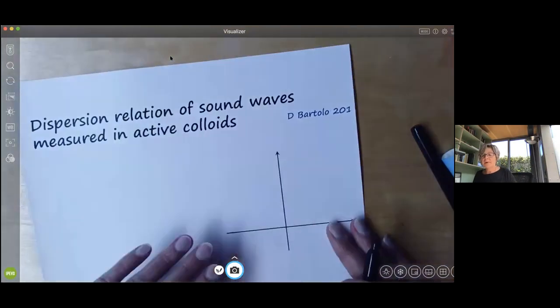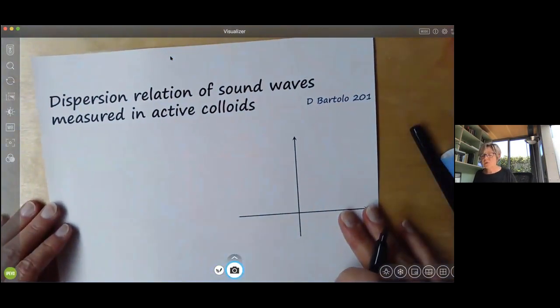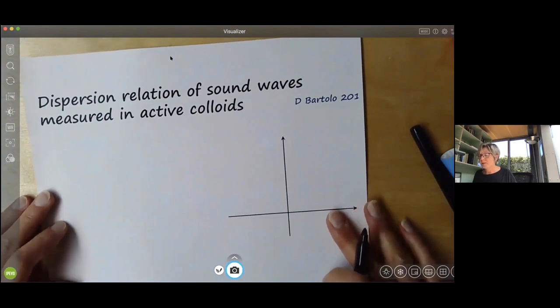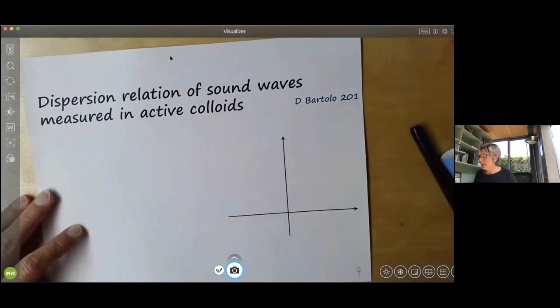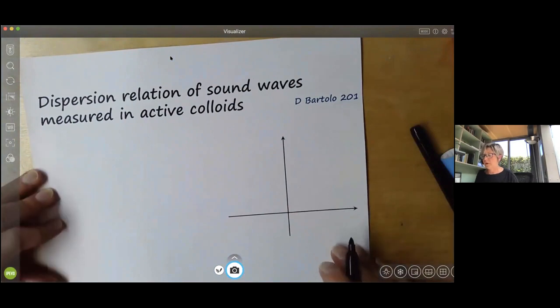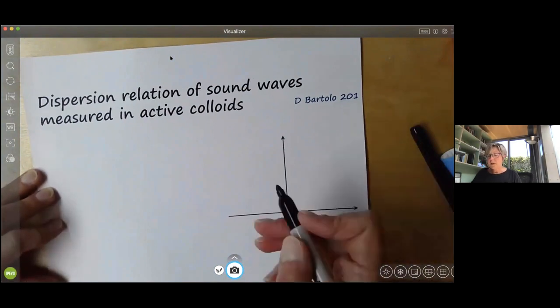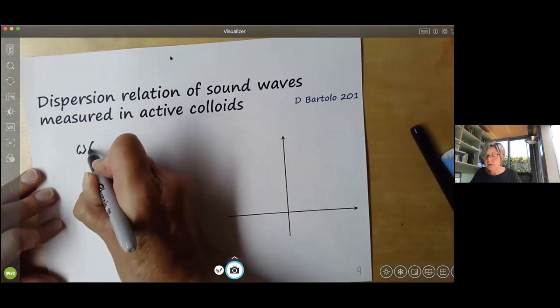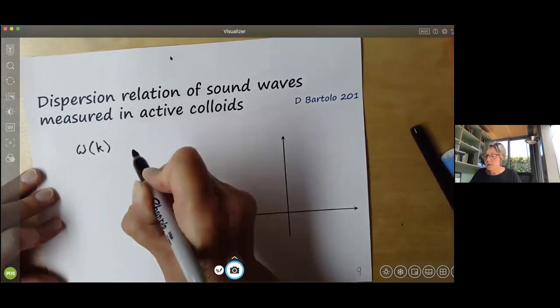Just one more thing about the sound waves. The sound waves have actually been measured in one realization of this active colloid by Denis Bartolo at the University of Lyon. What do I mean? He actually measured the dispersion relation of the sound wave, the relationship between the frequency and the momentum.